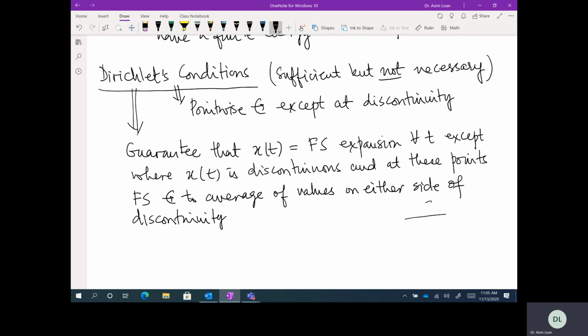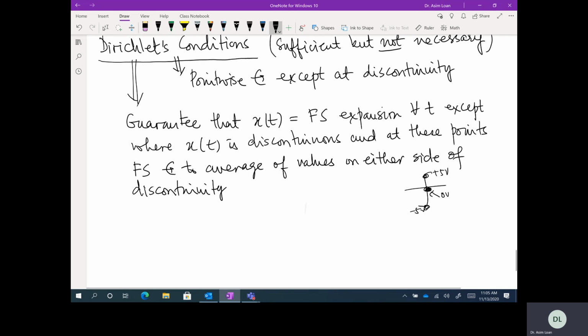This simply means if you have a signal like this, this point here and this point here will converge to this average value. So if this is +5 and this is -5, this will be 0 volts.